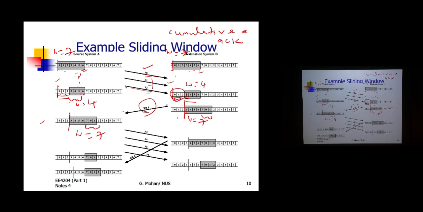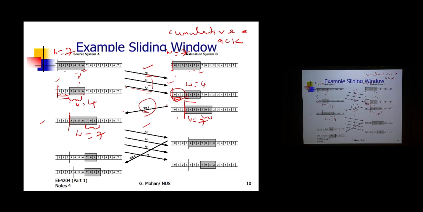Now let's look at some few more scenarios. Again, we are not looking at all possible scenarios, but some scenarios. Now next frame sent is frame number 3. So what is done here?